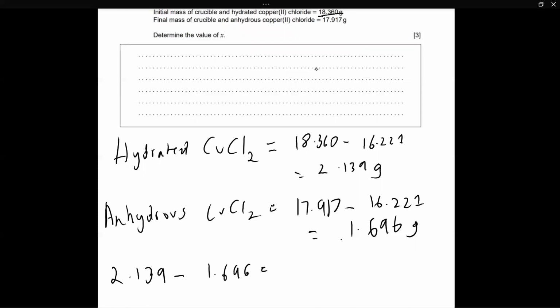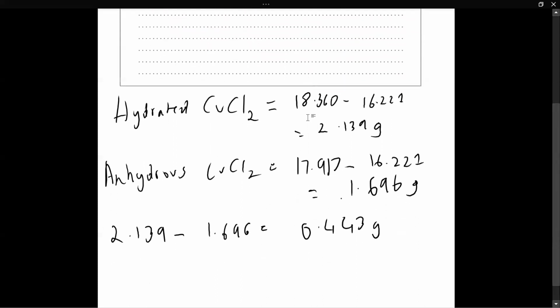And we get the mass that has been lost as a result of heating it because the water has evaporated. The mass that is lost is the mass of the water that has evaporated. So that would give us an answer of 0.443 grams of mass. And that is how much water has evaporated.